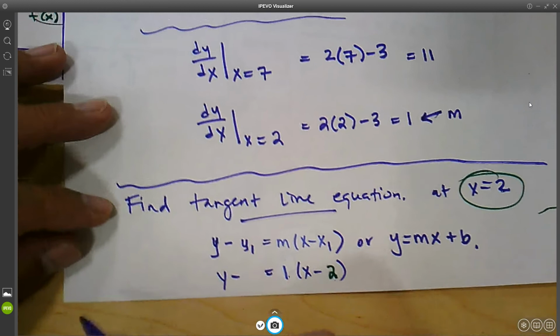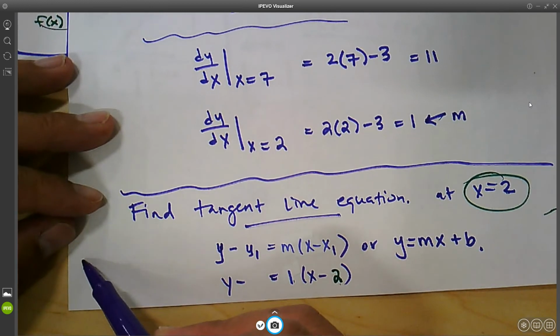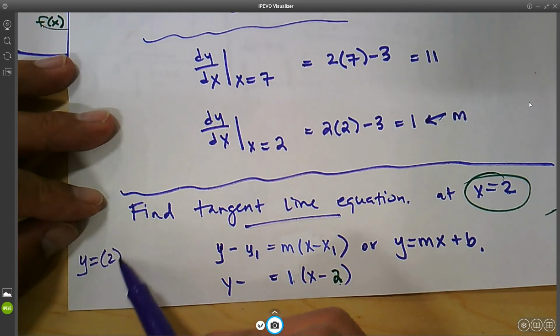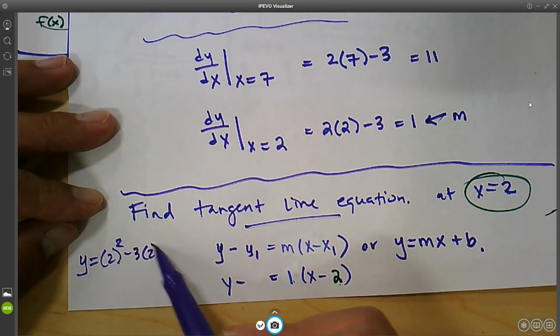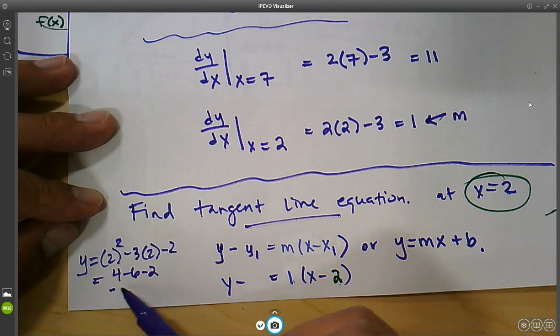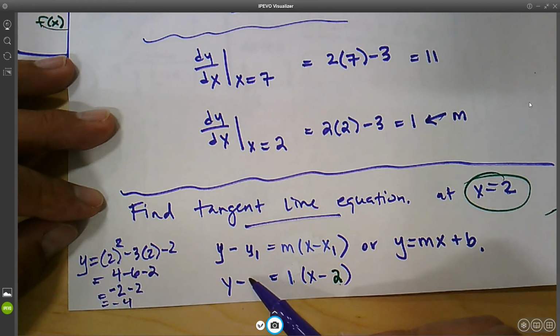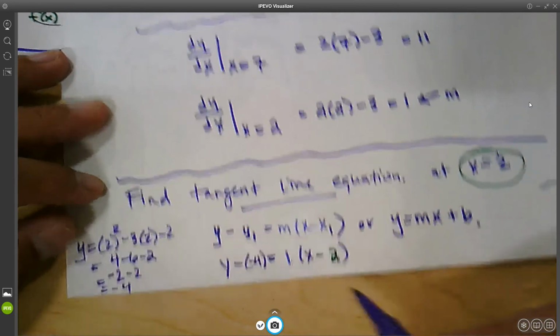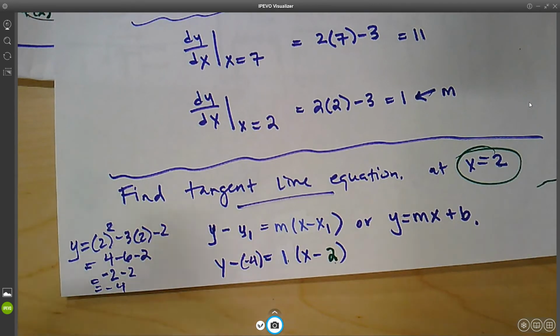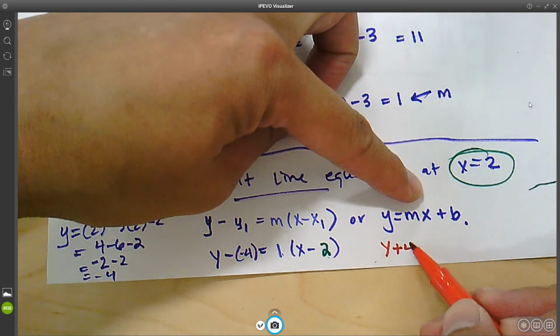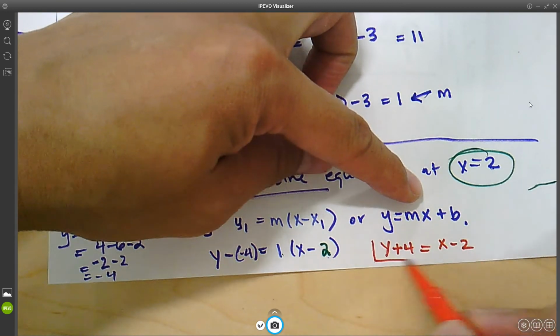Okay, so we plug that 2 into the original. We get -4. So our tangent line equation is y plus 4 equals 1 times x minus 2.